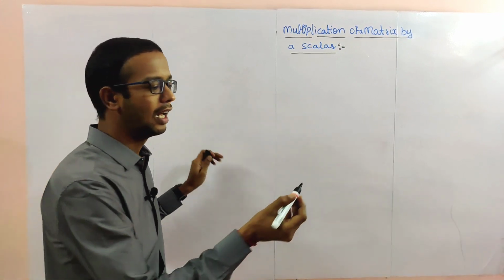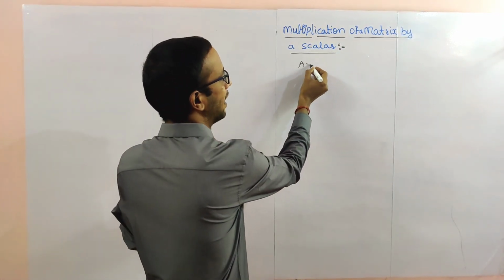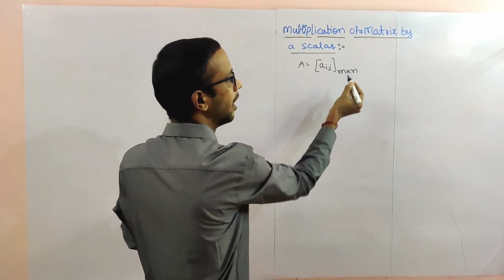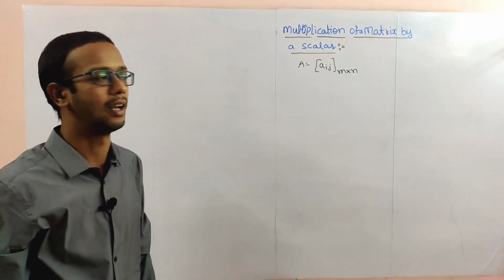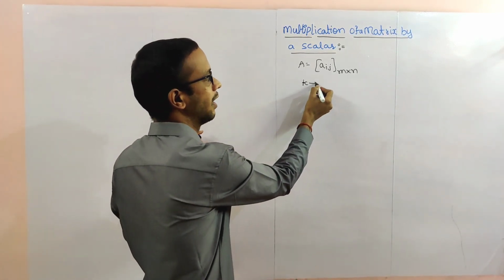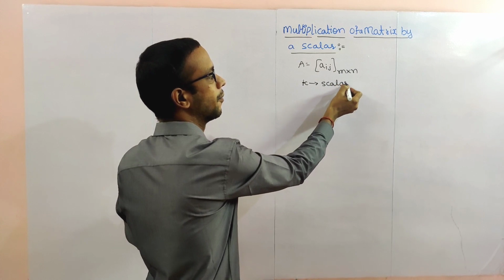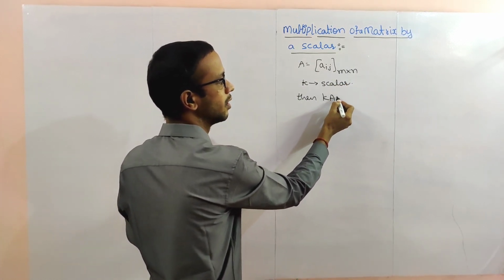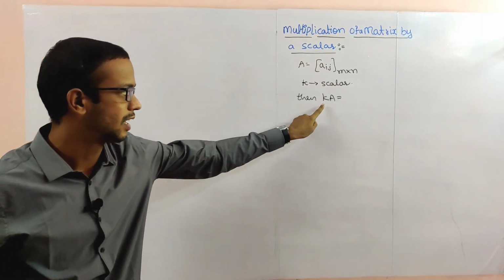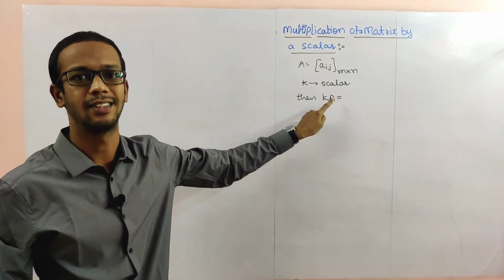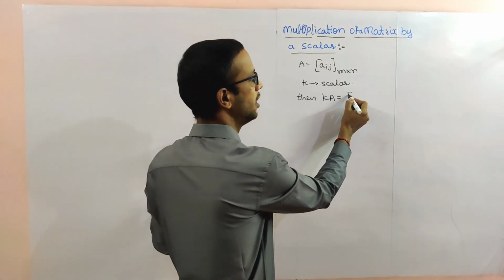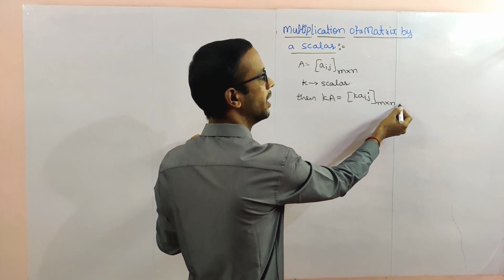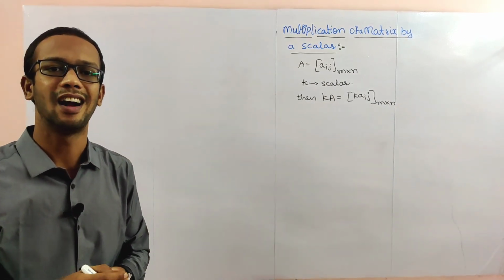So here A is one matrix A ij of order m by n, K is the scalar, then KA means K into A. Scalar multiplied with matrix means each and every element in the matrix is multiplied by the constant.